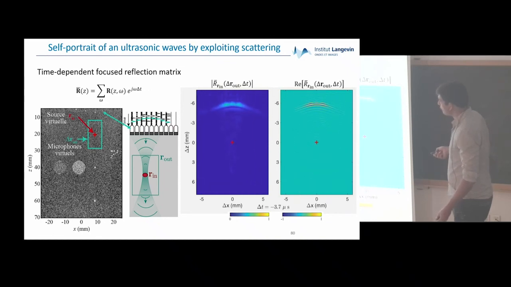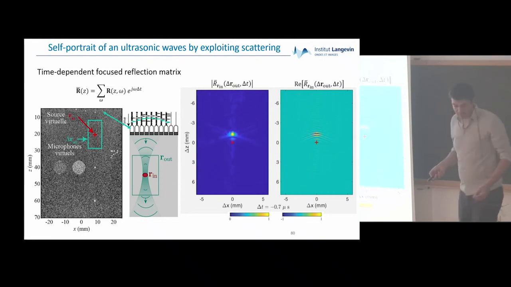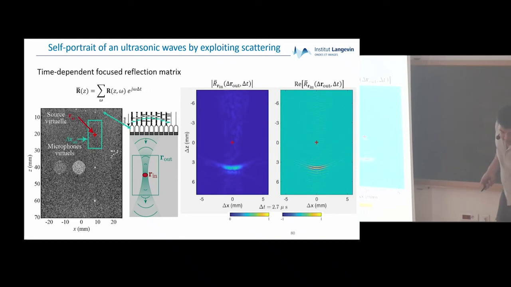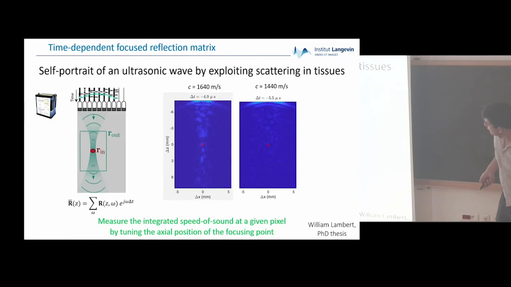And here, everything is good. The wave velocity model that we use matches the true wave velocity inside the phantom, so the focus is perfect, and everything is nice. So now what happens if I use a wrong wave velocity model? A larger wave velocity than the reality.